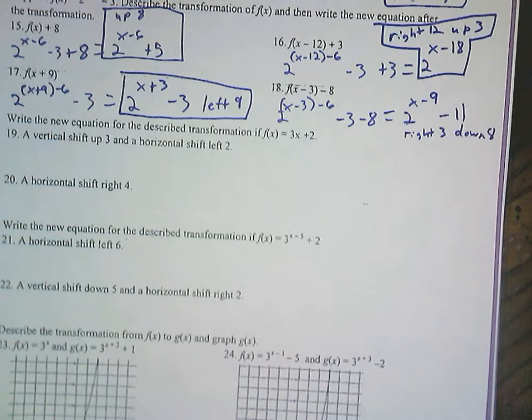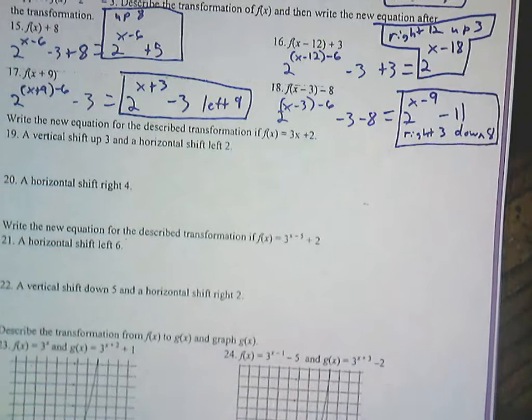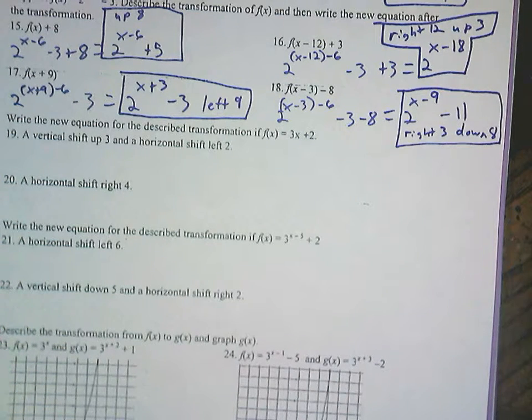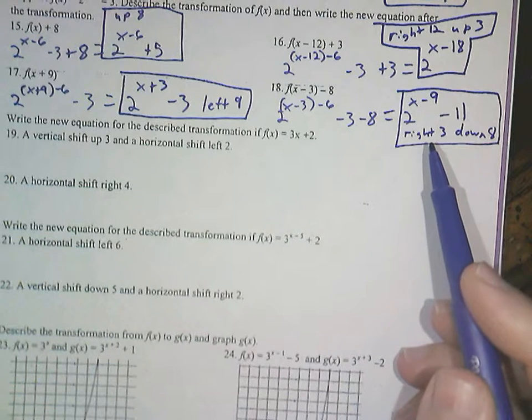Now, the common mistake that a lot of people make on these types of problems is they get the new equation and everything just fine. The problem is describing. A lot of people will look at the new equation when they're describing, and they will see that minus 9 next to the x and say, oh, it went right 9.